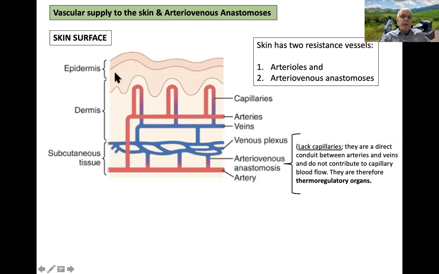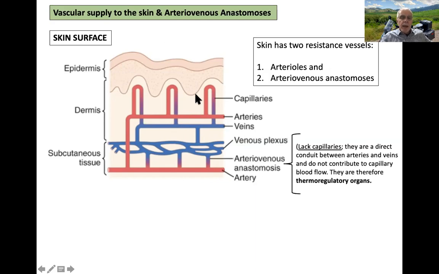Underneath that is some connective tissue. And again, this is below the epidermis. This is the dermis. And in the dermis, you can see that there's a vascular system: arteries, arterioles, capillaries, venules, and veins. Okay. So at the top, I've got an artery. This might be an arteriole giving rise to a capillary bed, which then drains into a venous system.